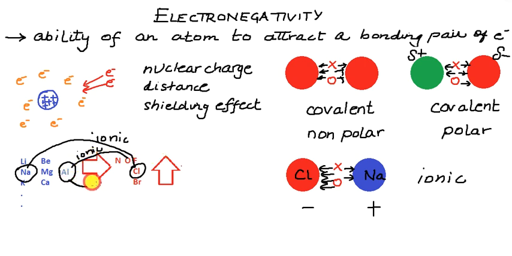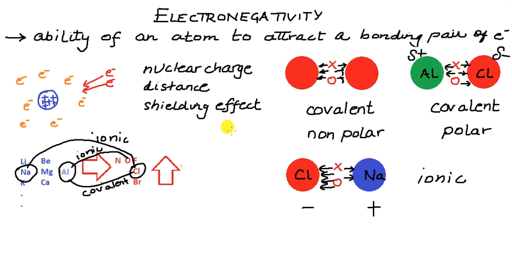But if I pair it with chlorine, the bond becomes covalent. This is pretty much like the one over here, because aluminum and chlorine have an electronegativity difference, but it's not high enough for the bond to become ionic. So the bond remains covalent, but it's a polar covalent bond.